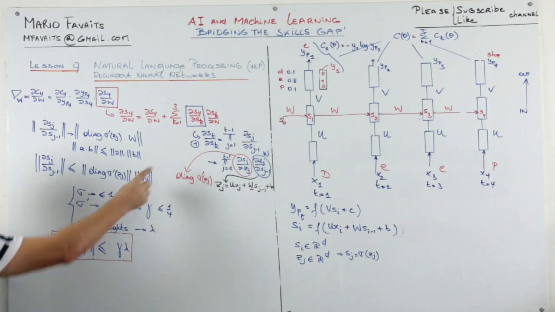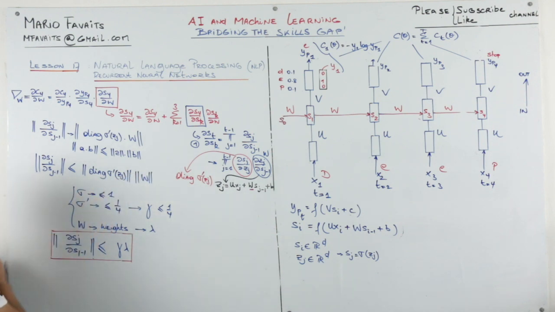Alright, so let's now go back to number 1 there, where we have dS_t/dS_k, and we're looking at the magnitude of that, and that's the same as the product of dS_j/dS_(j-1), from j equals k+1 to t.